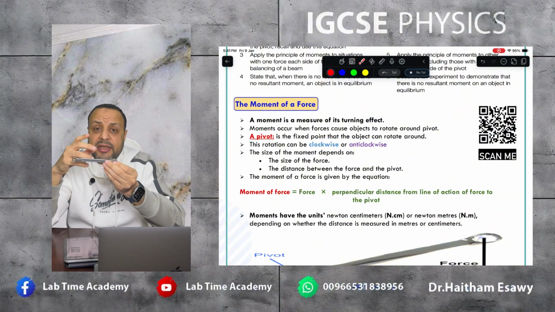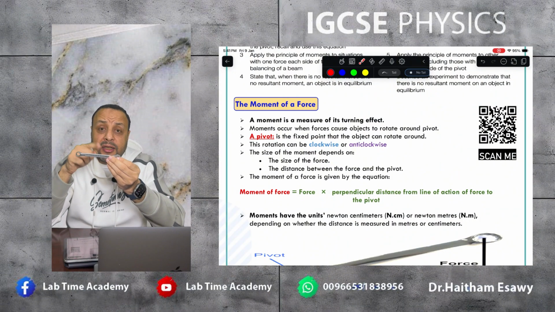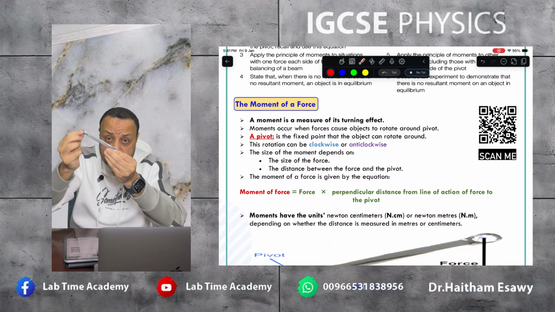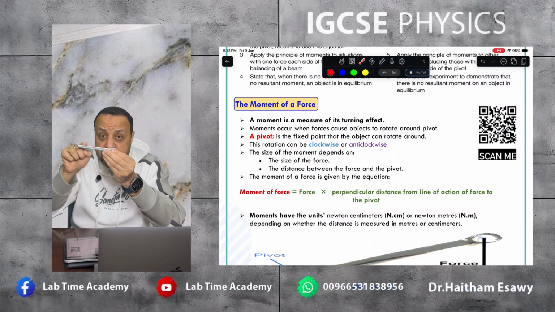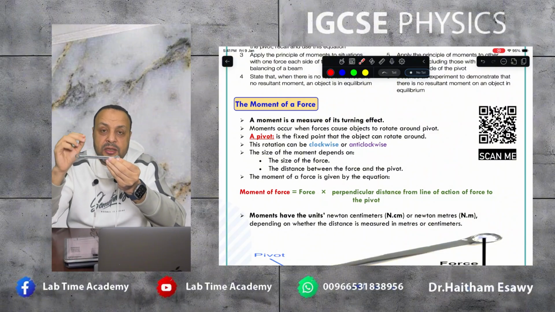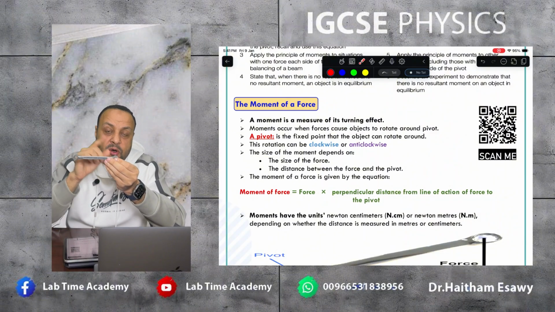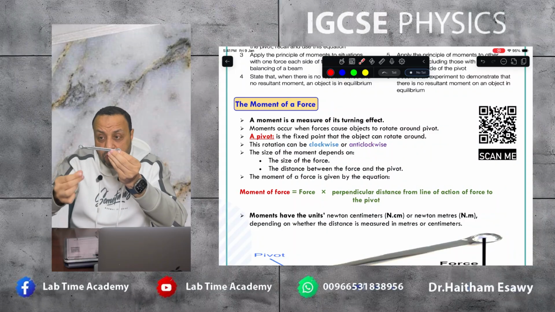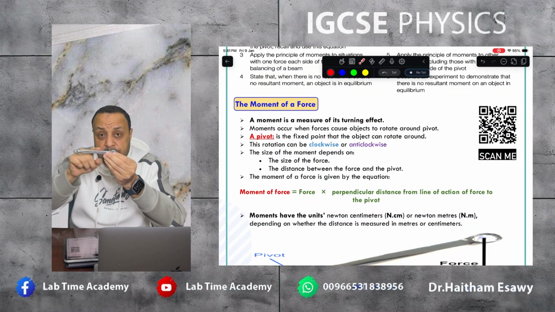In order to calculate the moment of force, we have to multiply the force times the perpendicular distance from the line of action of the force to the pivot, this distance, if the force acts perpendicular. We'll talk about it when we have an angle. So one more time, to calculate the moment of force, multiply the force applied times the perpendicular distance from the line of action of force to the pivot.